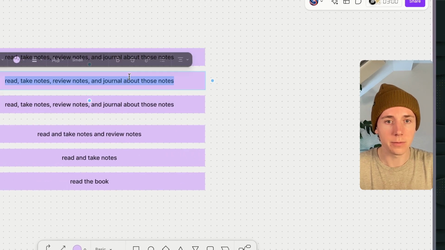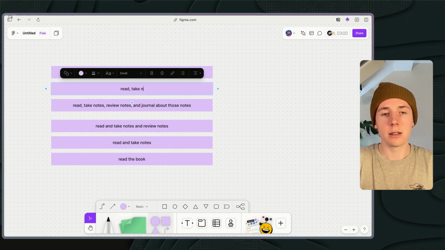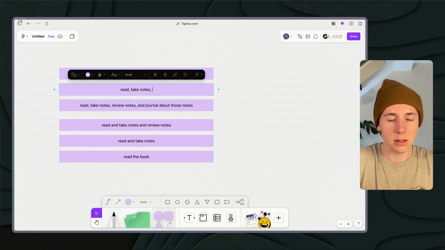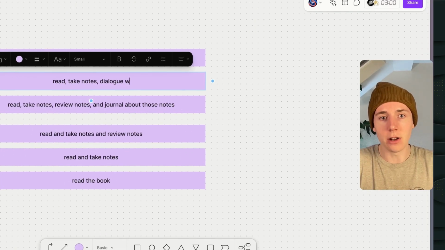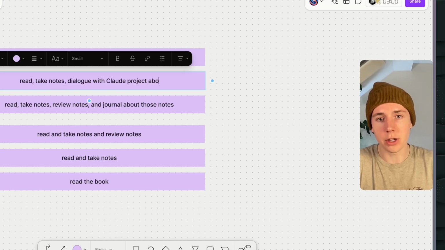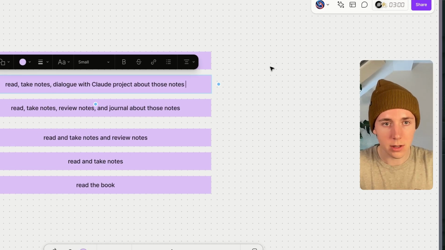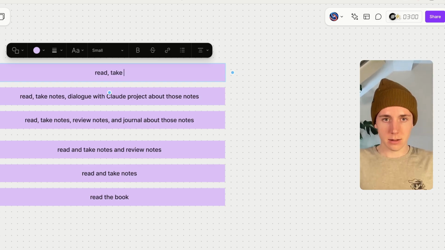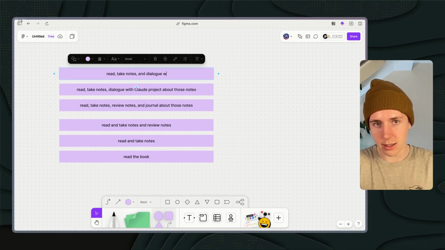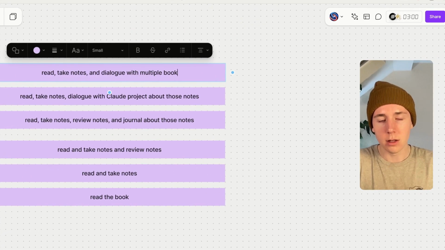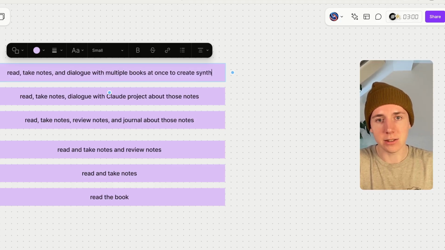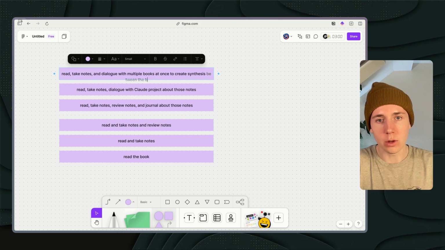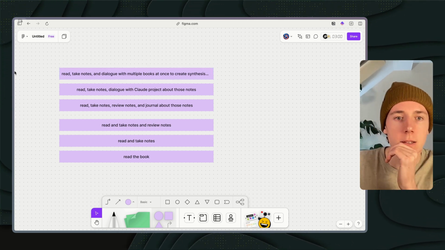And then above it we have read, take notes, and then dialogue with a Claude Project about those notes. And then above that we have read, take notes, and dialogue with multiple books at once to create synthesis of the books.